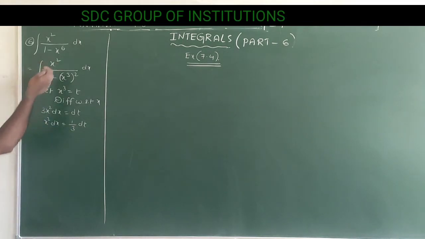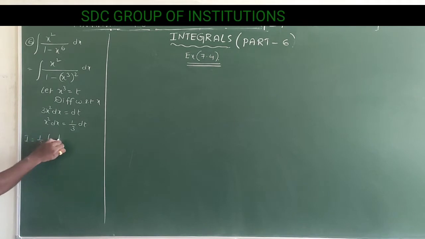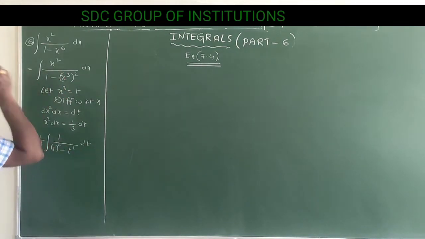Substitute this in the given question. Then I equals 1 by 3 times 1 by, this 1 can be written as 1 square, and this x cube can be written as t square. Now it is in the form of 1 by a square minus x square.